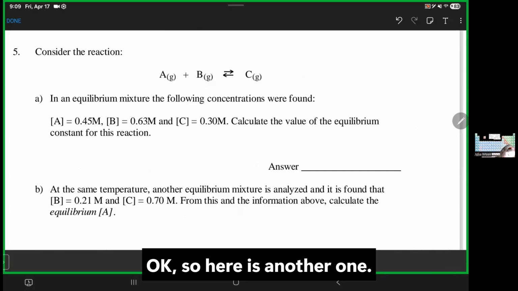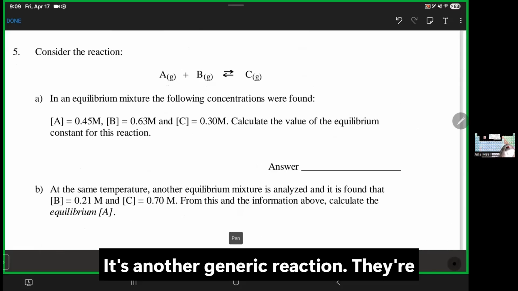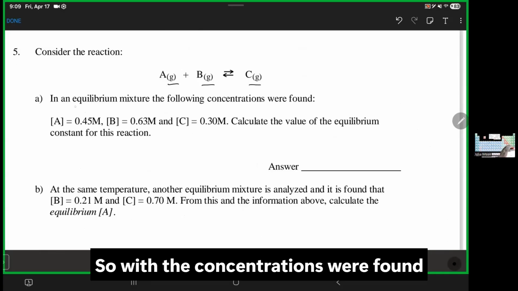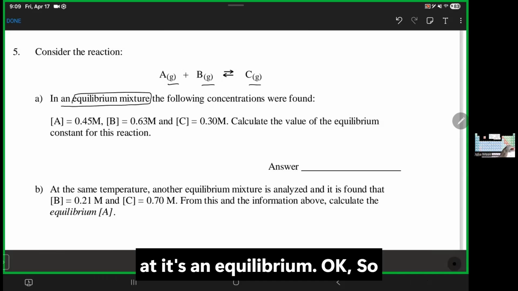Okay, so here is another one. It's another generic reaction. They're all gases, so we don't need to cross any of them out. The concentrations were found at equilibrium.